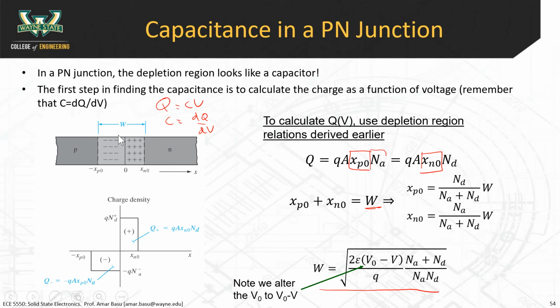So what we do then is, if it's epsilon A over D, the epsilon, we take the epsilon of silicon, we take the area of this region, and then the D, the distance between the two plates, is just the width here, right? That's the key point here. The width of the depletion region is equivalent to D.